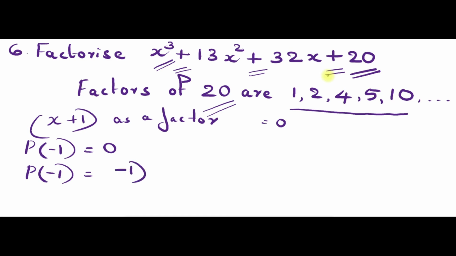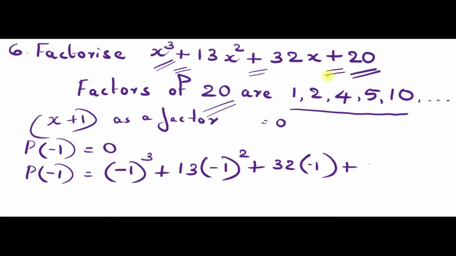So minus 1 all cube plus 13 into minus 1 square plus 32 multiplied by minus 1 plus 20. Here minus 1 cube is minus 1. 13 into 1 square is 13. 32 into minus 1 is minus 32, plus 20.